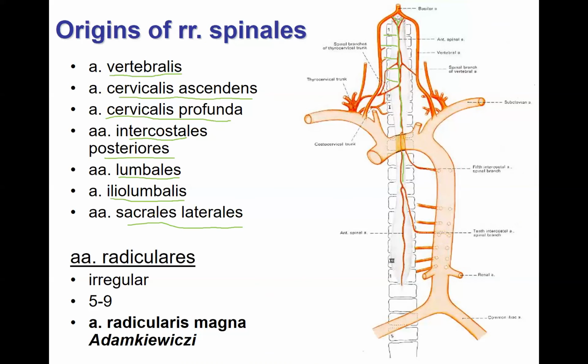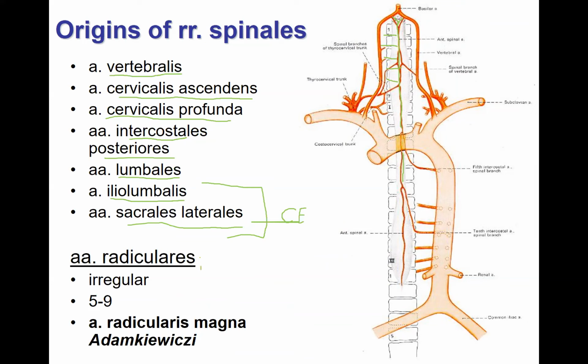So these all supply the spinal cord. Of course, the lower ones supply not the spinal cord but the cauda equina, as the spinal cord terminates at the level of L1. So that's a nice general scheme, but the truth is that only some of them are larger.